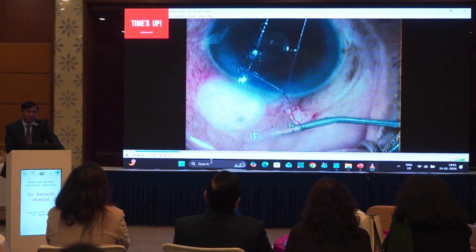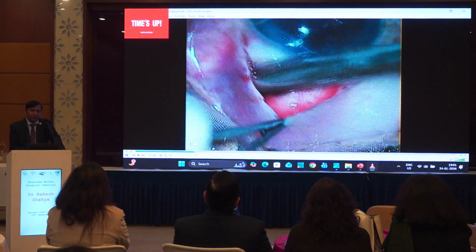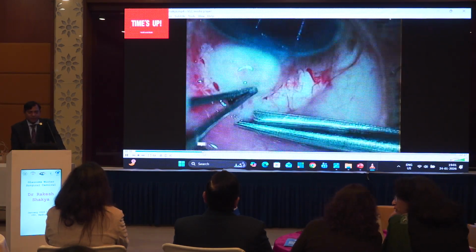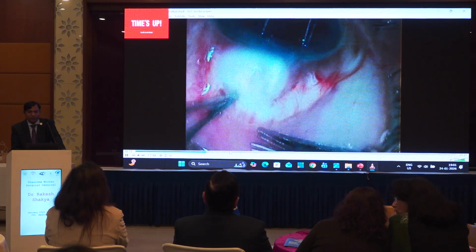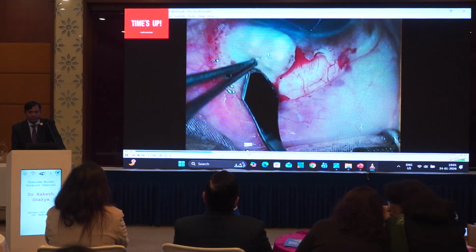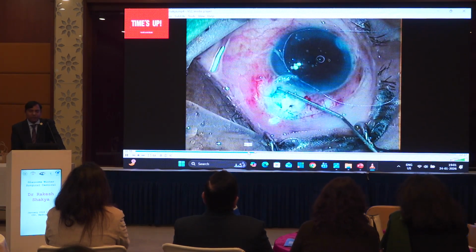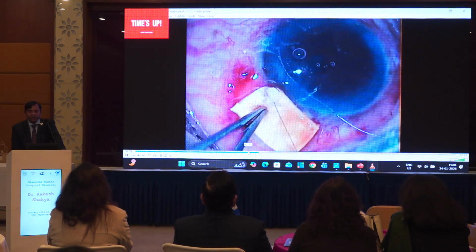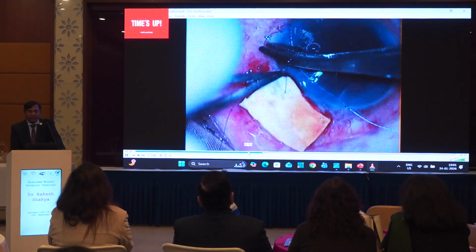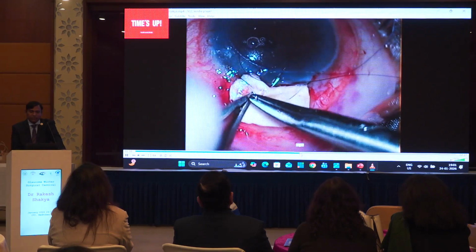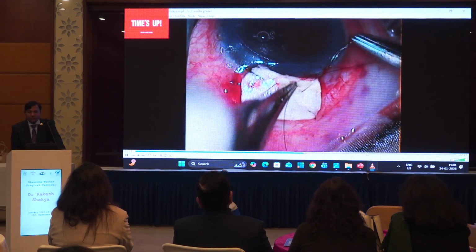Then we cut the conjunctiva around this cystic bleb, and did some cautery, and all the Tenon's was removed again, and then the cystic part was removed, and you see there was a very large leak. So I put a scleral graft in this case and sutured it properly.